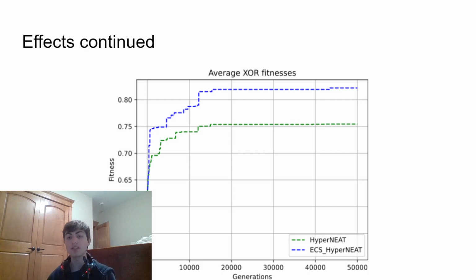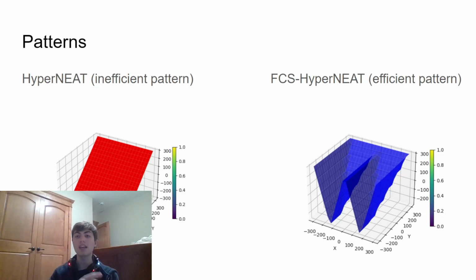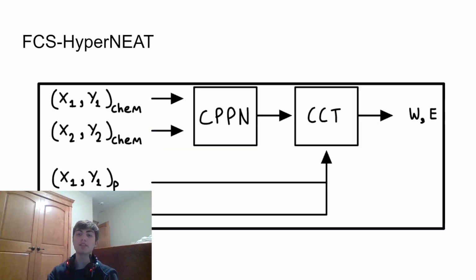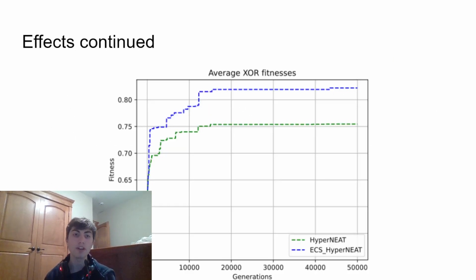And what's also interesting is that although all the HyperNeat neural networks converge to that 75% fitness or something very close to that value, the ECS HyperNeat runs are different. Some of them are actually outliers, and they end up solving the Zohr problem because they stumble across that same pattern that I discovered. And so because of this, it very consistently outperforms HyperNeat as a whole.